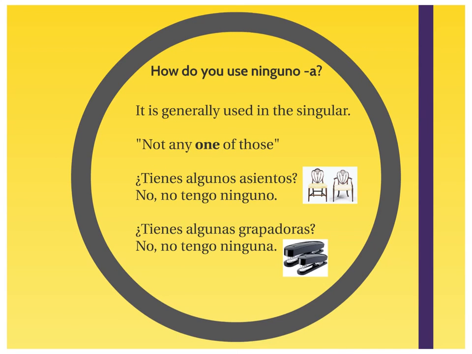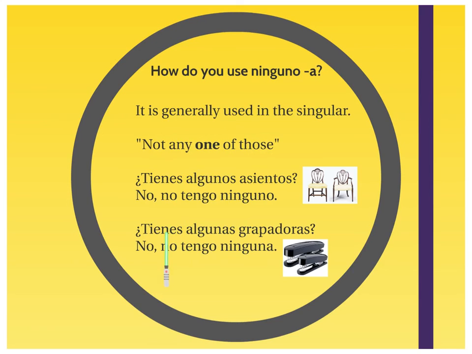Okay, how do you use ninguno or ninguna? Again, this has also been taken out of the curriculum, but I think it's really important that you guys know. It's generally used in the singular, not any one, okay, not any one of those. So if I wanted to say, ¿Tienes algunos asientos? Do you have some seats? No, I don't have any one of them. So no tengo ninguno.